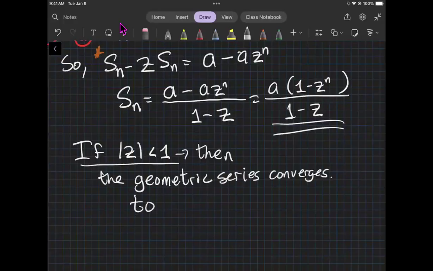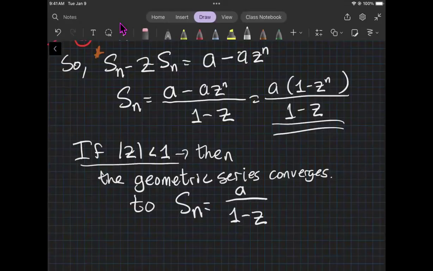And it converges to a complex number, excuse me, a is a complex number. So the length of z is less than 1, so z to the n, this power, will eventually be closer to 0 plus 0i, right? So your partial sum for the geometric series would equal a divided by 1 minus z.